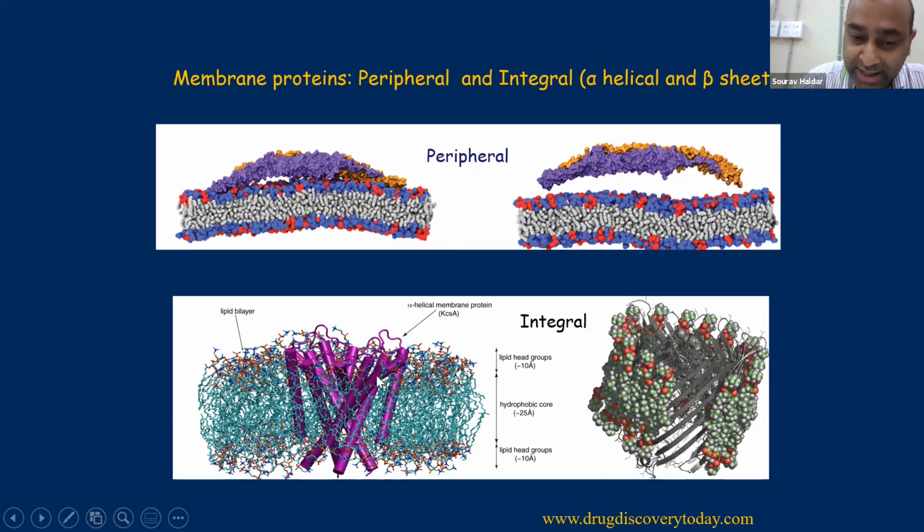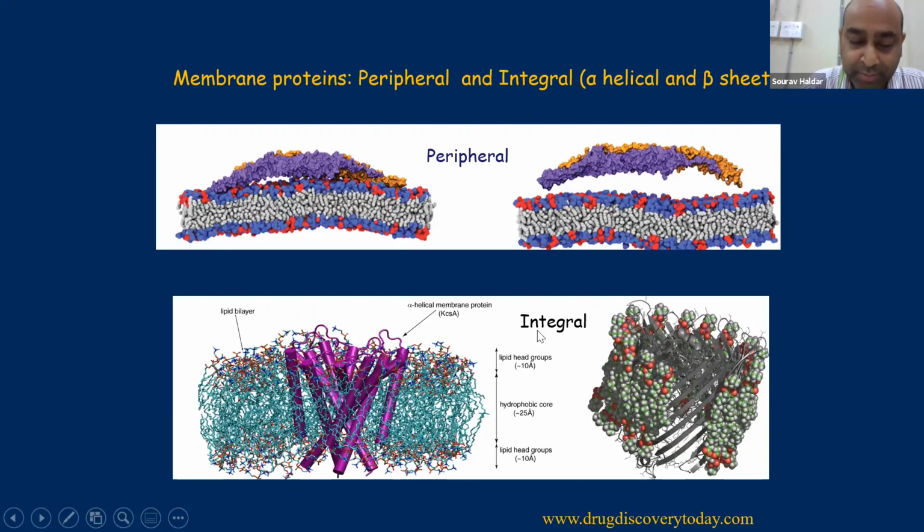Integral membrane proteins are embedded in the membrane and are in intimate contact with the lipid molecules. Soluble proteins are always in contact with water, whereas membrane proteins are solubilized by lipids, so the water molecules around soluble proteins are replaced by lipid molecules. You can imagine that these transmembrane helix sequences have to be extremely hydrophobic in order to be stable in the lipid bilayer.